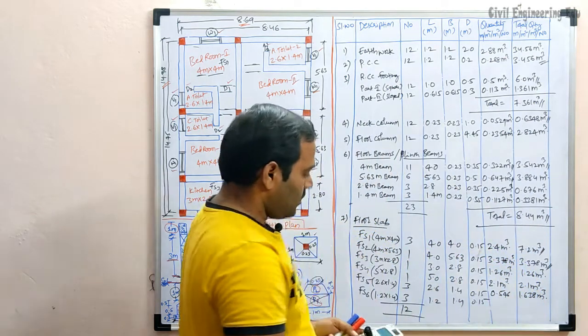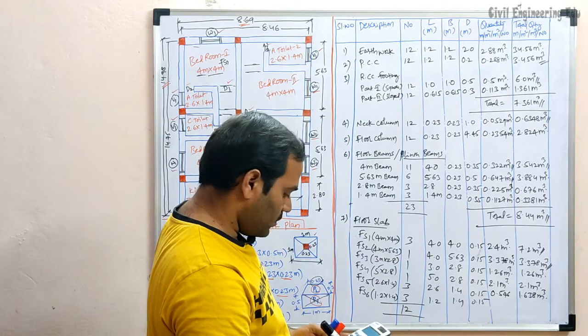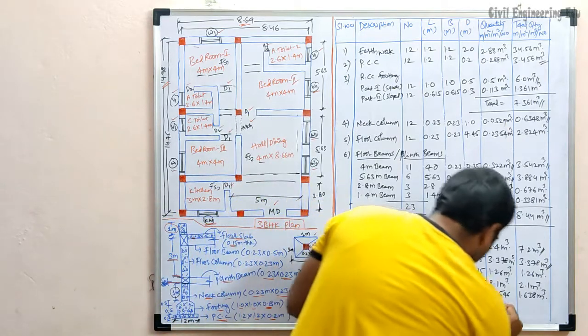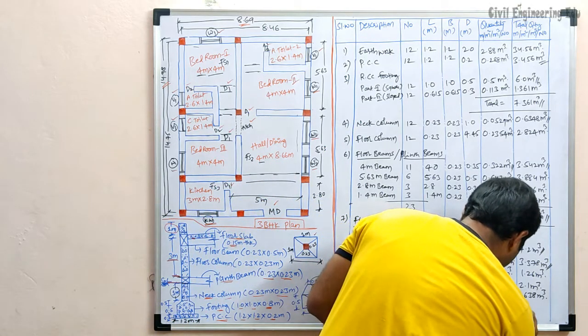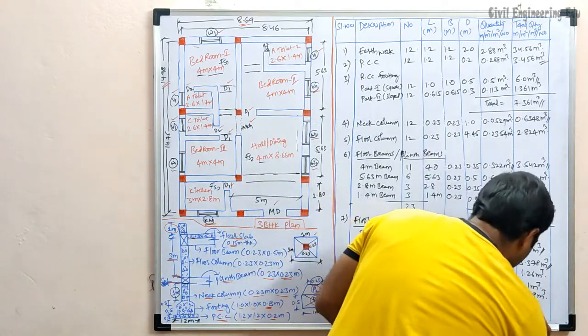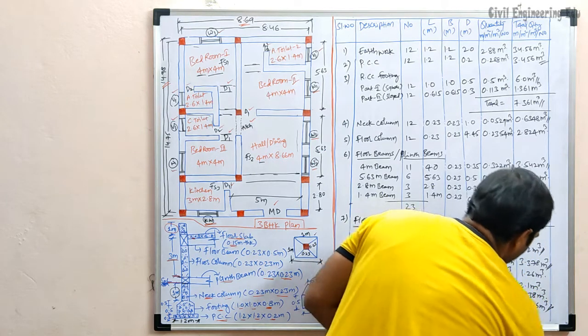Next one is 1.2 into 1.4 into 0.15. 0.252 is the quantity, multiplied by 3 gives 0.756 meter cube. What is the total?